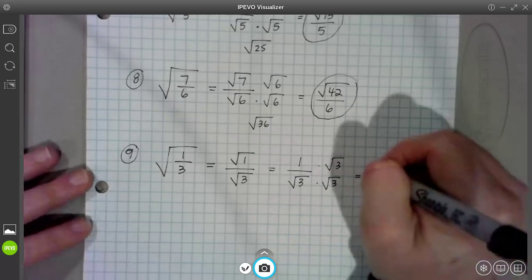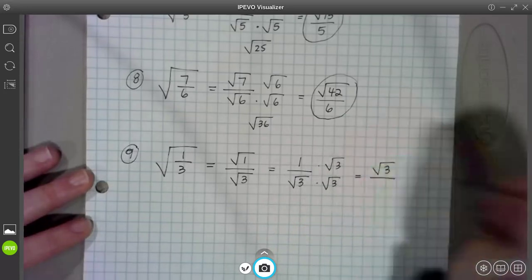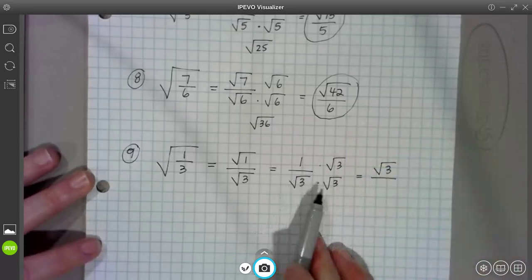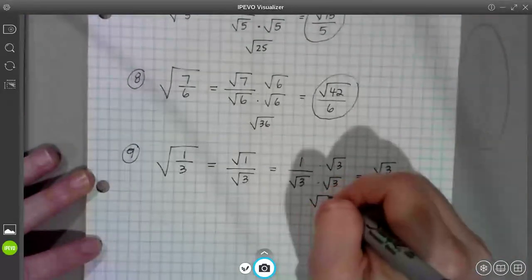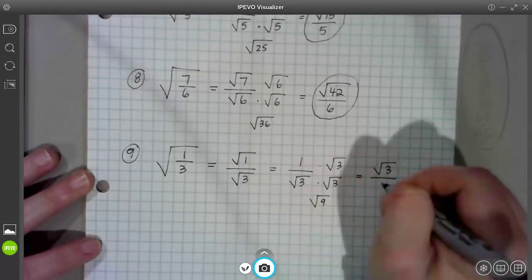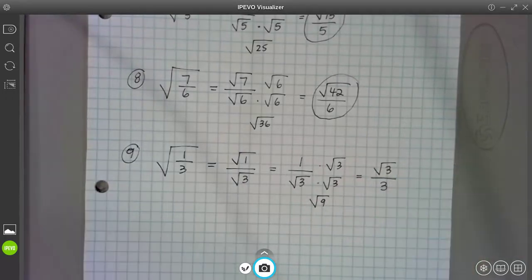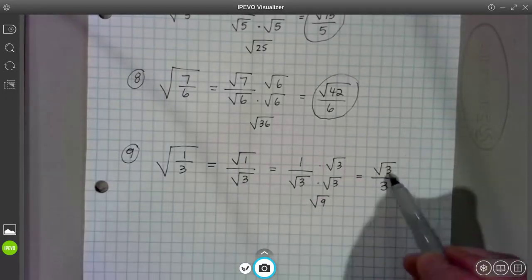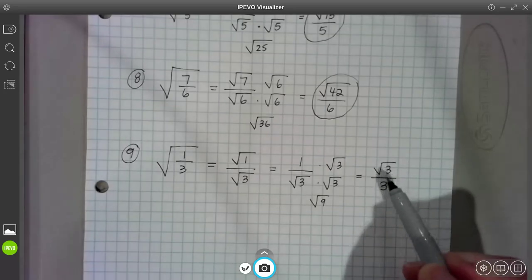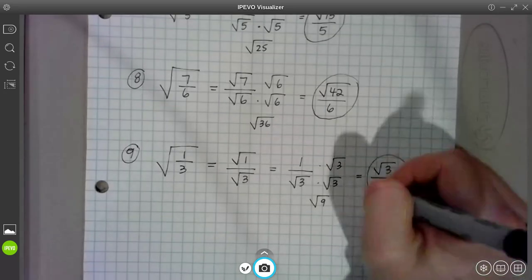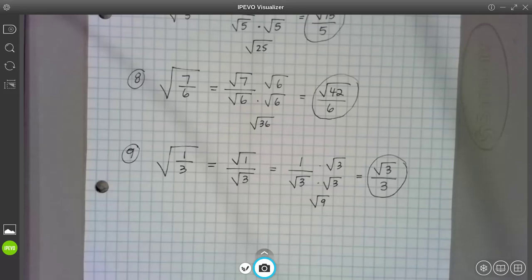It's himself. Over root 3 times root 3 is the square root of 9, which is just 3. So now you are left with the square root of 3 divided by 3. And the square root of 3 is a simplified square root, so there's nothing else I can do. That's your simplified answer.